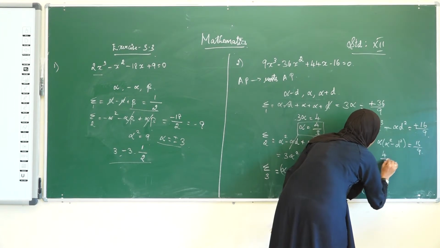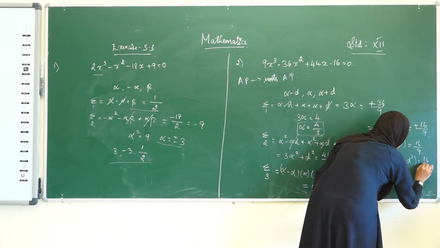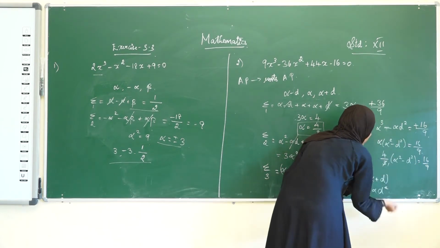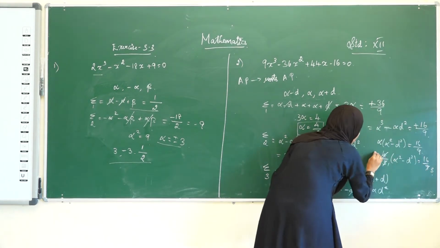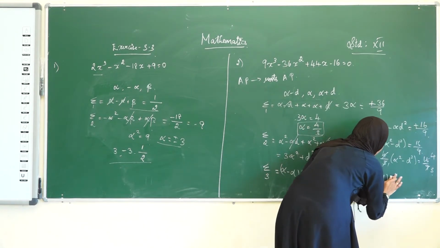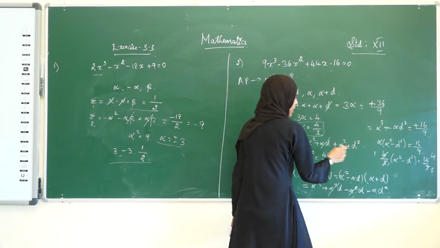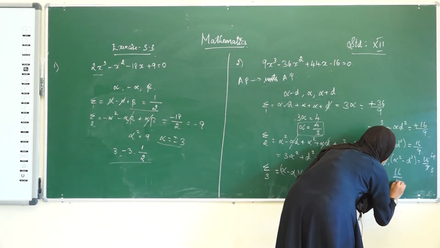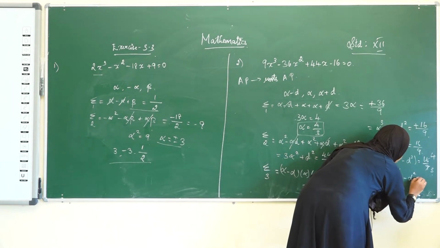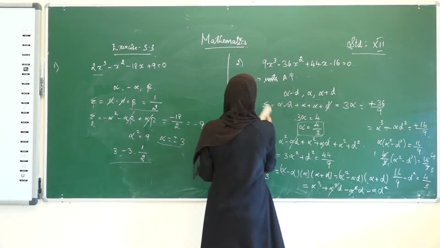So 4 divided by 3 into alpha square minus d square is equal to 16 divided by 9. This one gets cancelled. Therefore, alpha square minus d square is 4 divided by 3, with alpha square value 16 divided by 9.